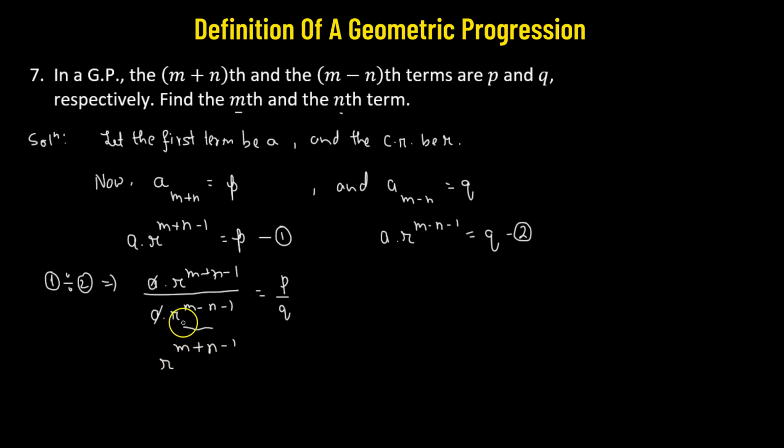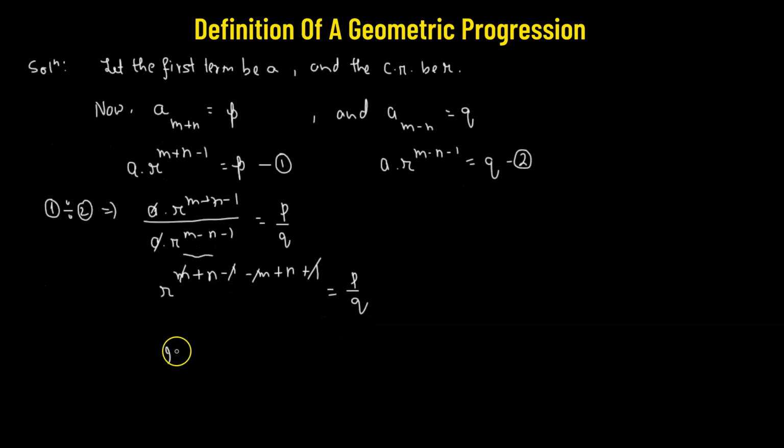So we'll take this common ratio to the numerator and combine it to get r raised to the power of negative m plus n plus 1, which will be equal to p over q. So here negative m, negative 1 and positive 1 cancel out. So this leaves us with the value r raised to the power of 2n equals p over q.